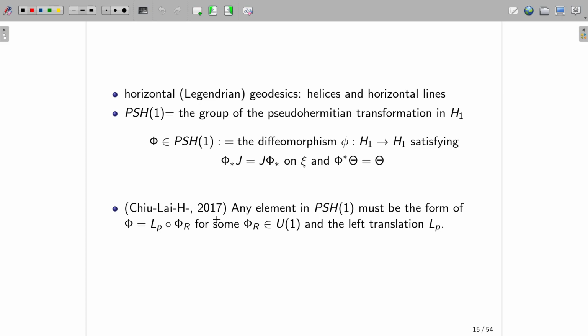In 2017, Chang, Huang, Lai, Xinhua, my co-authors, and I proved the following theorem: any element in the pseudo-Hermitian group must be of the form of a left translation composed with a rotation, a rotation in a one-dimensional unitary group, and a left translation LP.